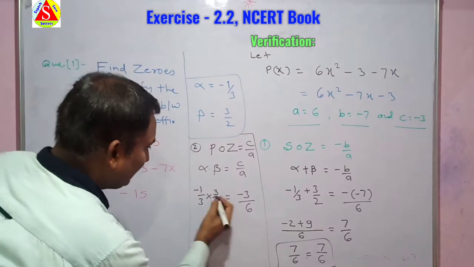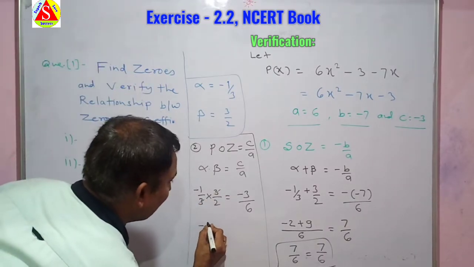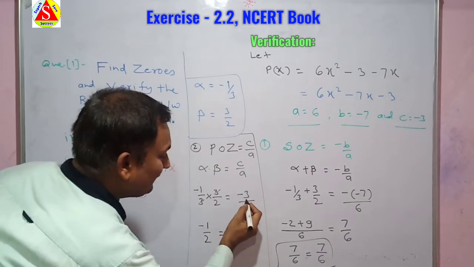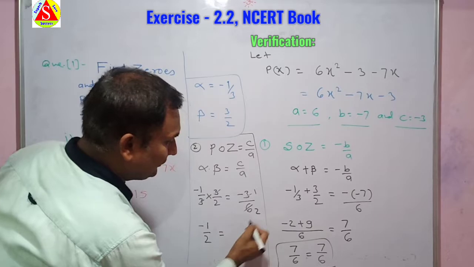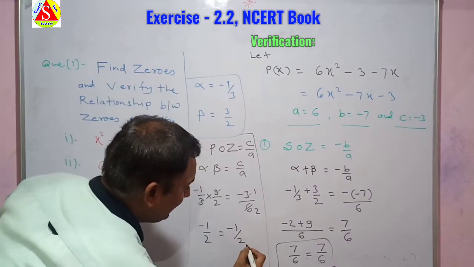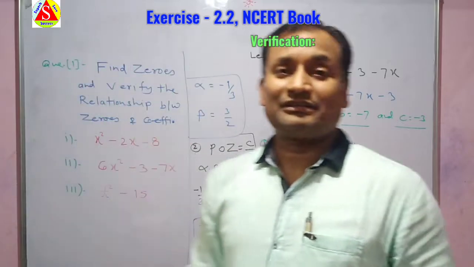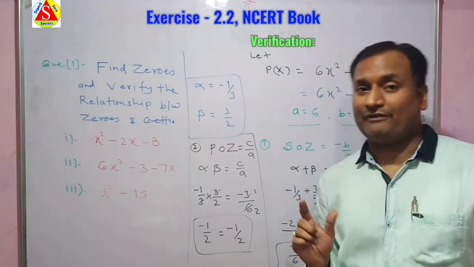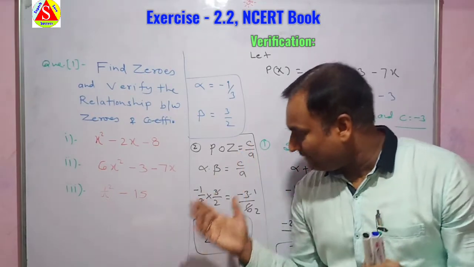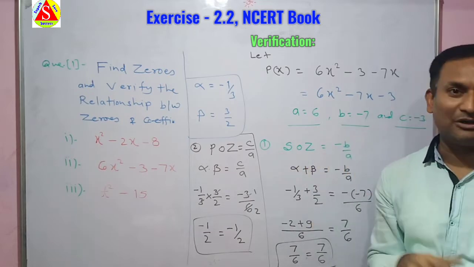Dear students, you can see here 3 cancels out, so on the left side we have minus 1 by 2. Similarly, on the right side we can cut it: 3 ones are 3, 3 twos are 6. So in the RHS also we have minus 1 by 2. Now you can see the second condition is also verified. This means for the given question we have verified the relation between the zeros and coefficients of the polynomial.